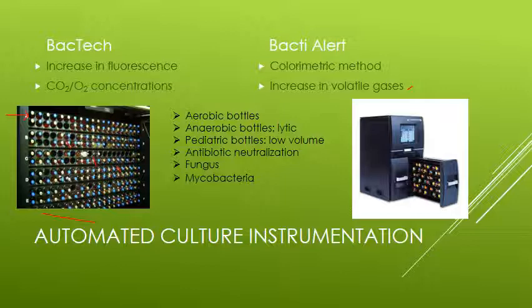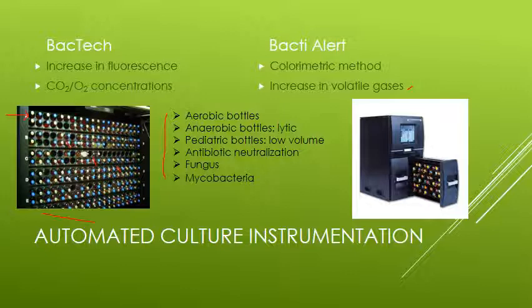And then some of the things that both systems provide are these specialized bottle types that support the growth of the various bugs. So you already know that every blood culture should include two types of bottles, an aerobic bottle and an anaerobic bottle.